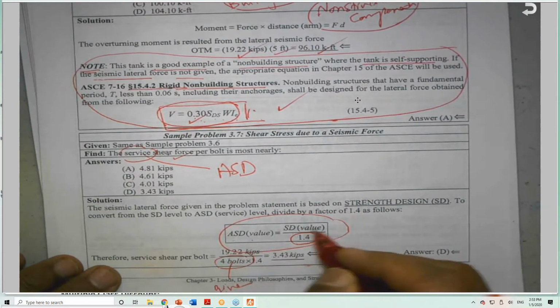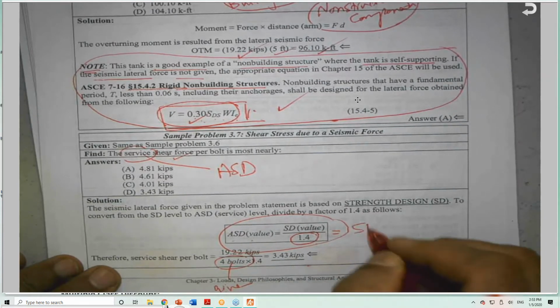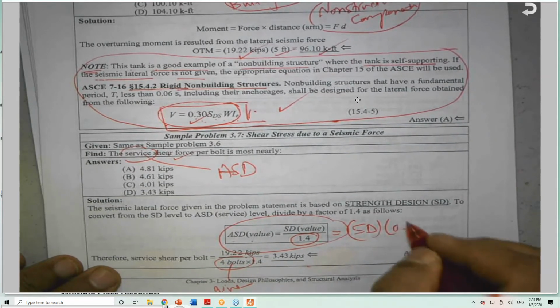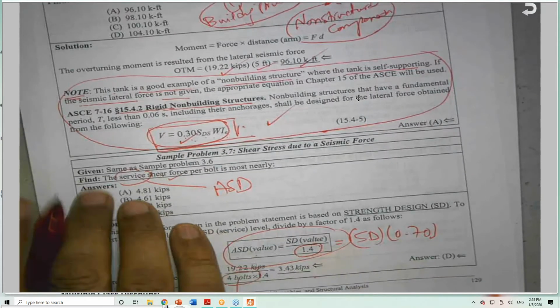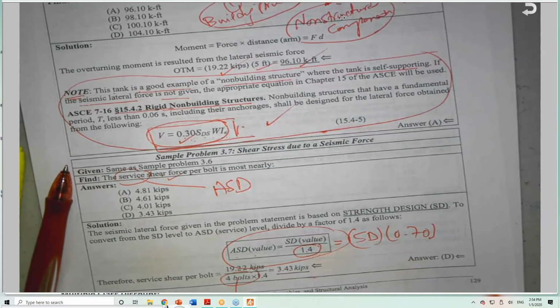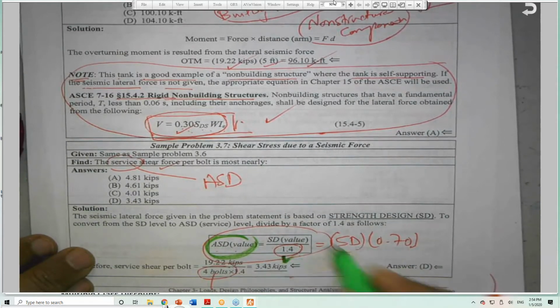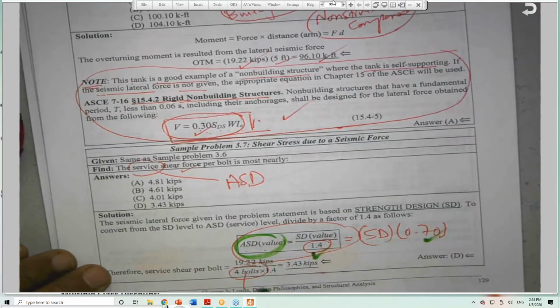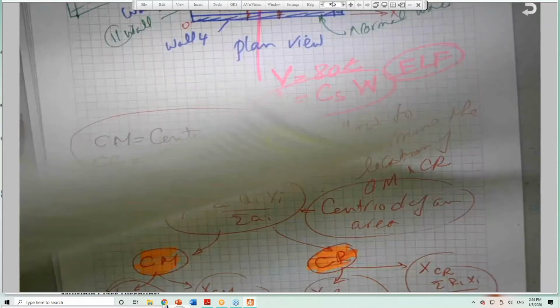ASD is equal to strength design divided by 1.4, or strength design times 0.7. So I need you to remember this conversion. We convert from strength design to ASD, which is a service condition, by multiplying by 0.7 or dividing by 1.4, and here it is. So I need you to be aware of that.